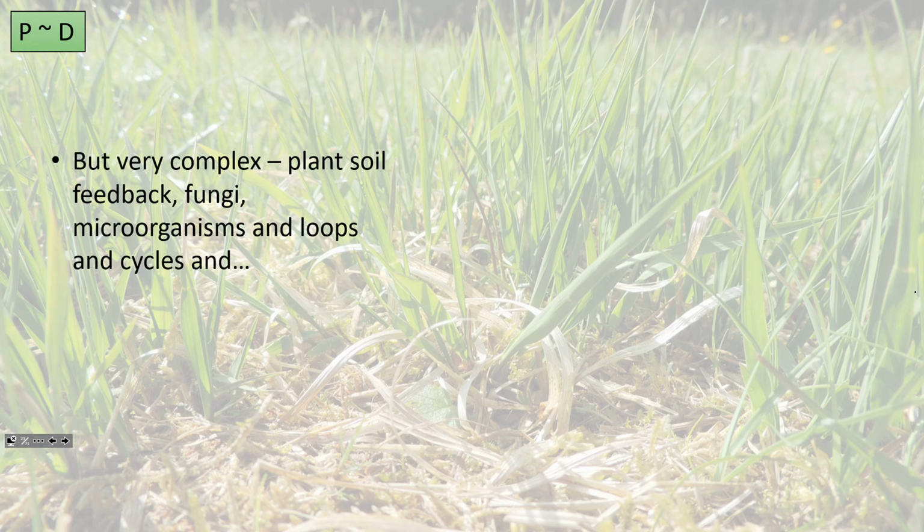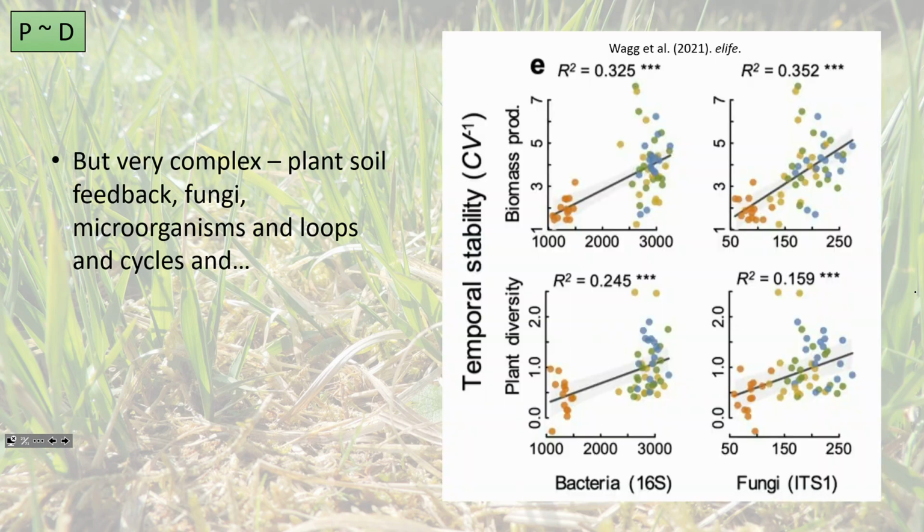So the issue with below ground is that it's very complex. There are maybe different drivers of the relationship, like fungi and bacteria, which is what this nice study of Wag et al. 2021 showed, that if you have a higher diversity of bacteria, you have also higher diversity of plants and higher productivity, and the same holds for fungi.